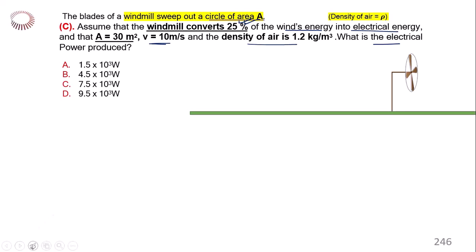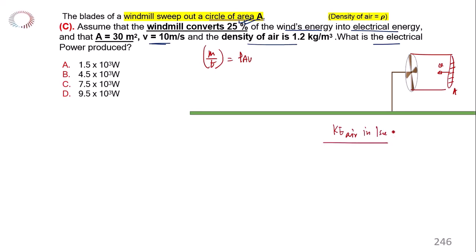Through this section, the air is coming, of sectional area A. The velocity of the air particles is V. So I know that the mass flow rate of air, m by t, should be equal to rho A into V. This is the amount of mass of air flowing in 1 second. So the kinetic energy of air in 1 second.